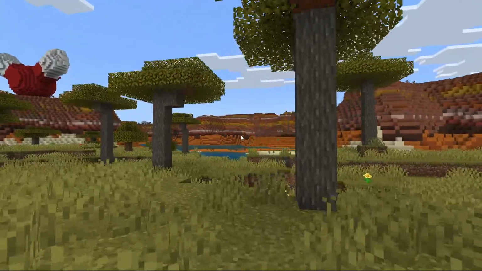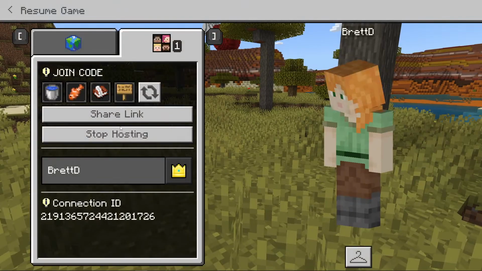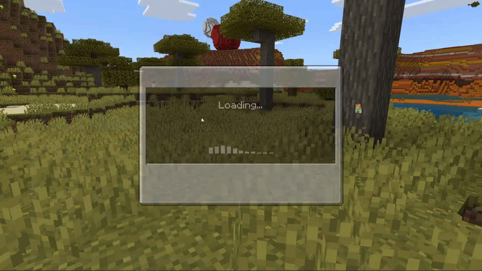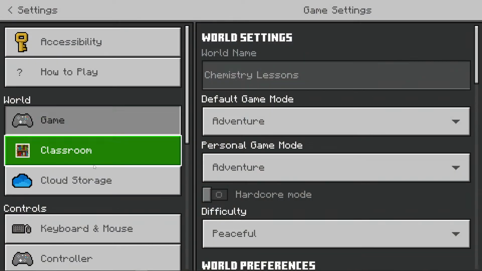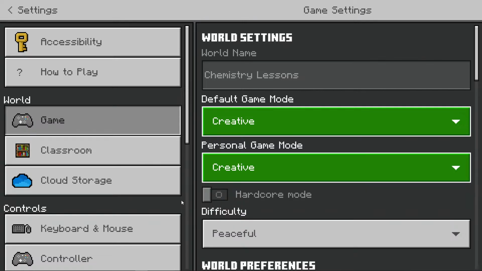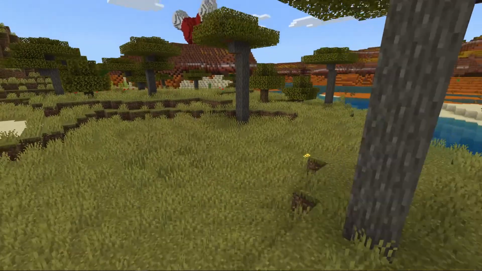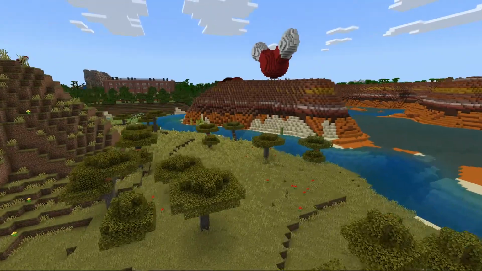I don't think that worked. But I've seen this thing before.